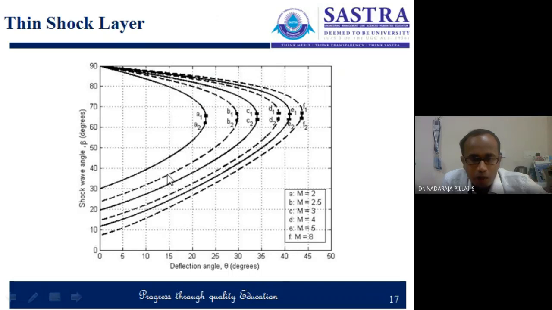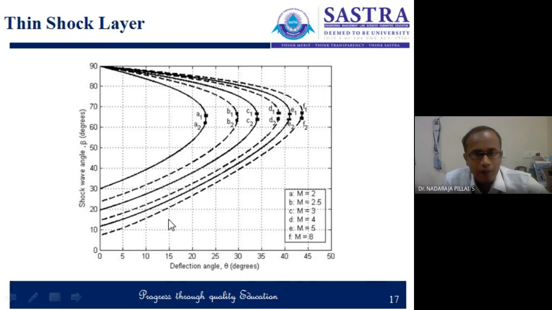then it becomes around 38 or so, and increasing the Mach number to 3, it becomes 33. When the Mach number becomes 4, the shock wave angle becomes around 26 or 27. Like that, the shock wave angle keeps on decreasing.